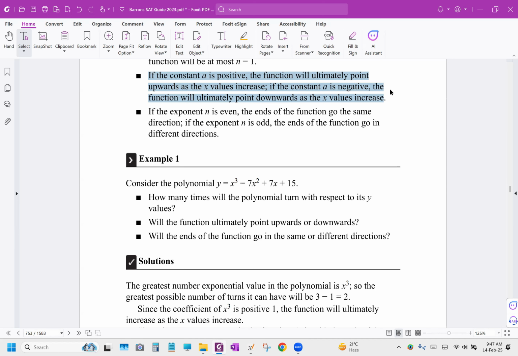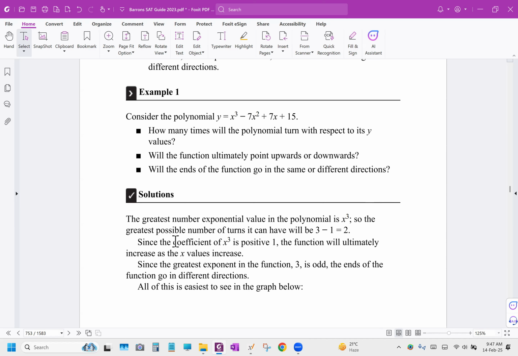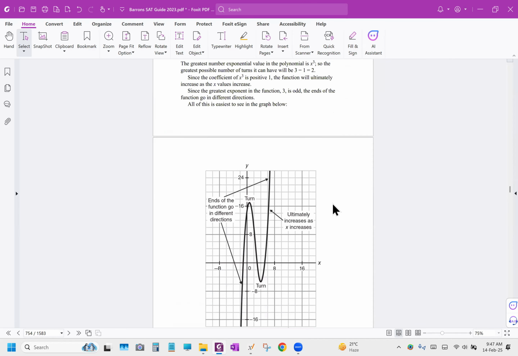If the constant a is negative, the function will ultimately point downwards as the x values increase. I think you don't have any problem with this type of problem, right? Just a simple thing.